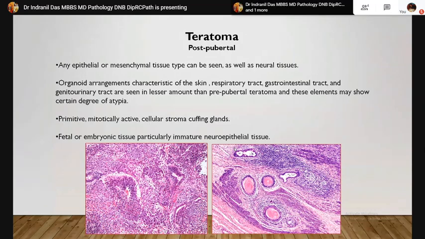A primitive mitotically active cellular stroma cuffing the glands is seen. The fetal or embryonic tissue, particularly immature neuroepithelial tissues, is sometimes found.